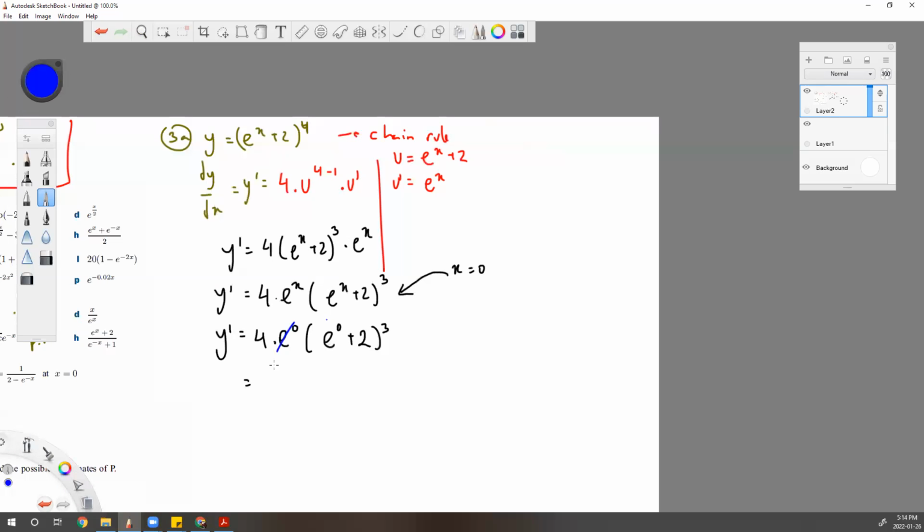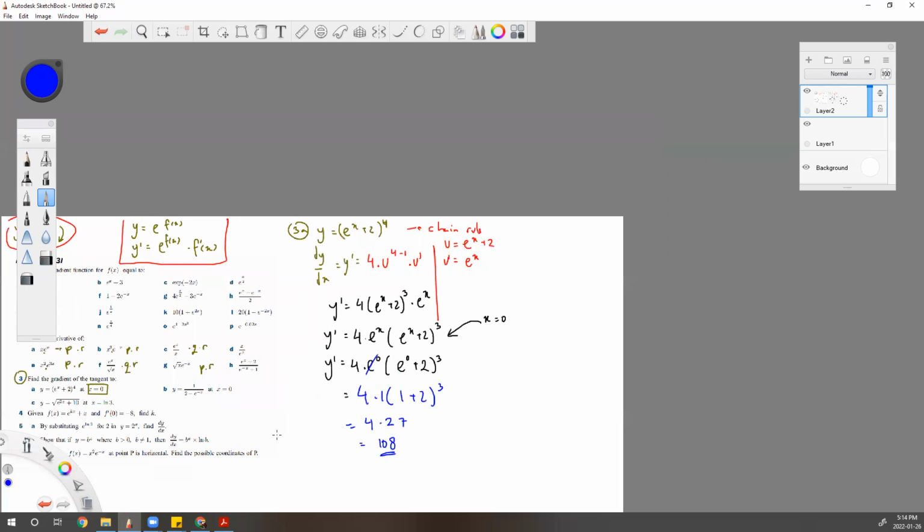I just substitute all the x by 0. So 4 times (1 plus 2) power 3. So 4 times 3 cubed, which is 27, so it is 108. That's the gradient.